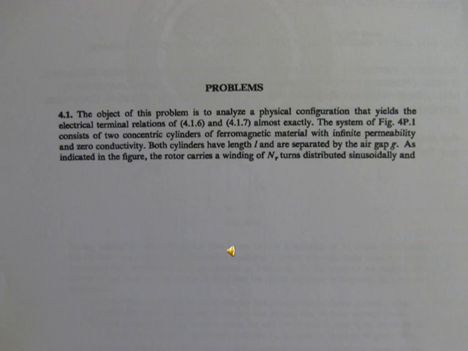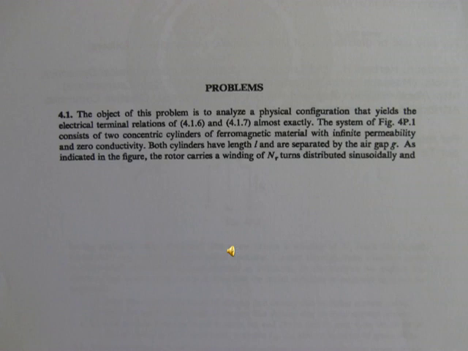By solving this, we get NS IS cos psi. Therefore HRS of psi equals NS IS cos psi divided by 2G, and BRS equals mu 0 NS IS cos psi divided by 2G. So this is the equation to determine the magnetizing force.